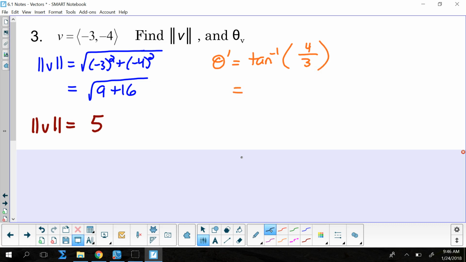I got the reference angle for v to be 53.1301 degrees. Yes?